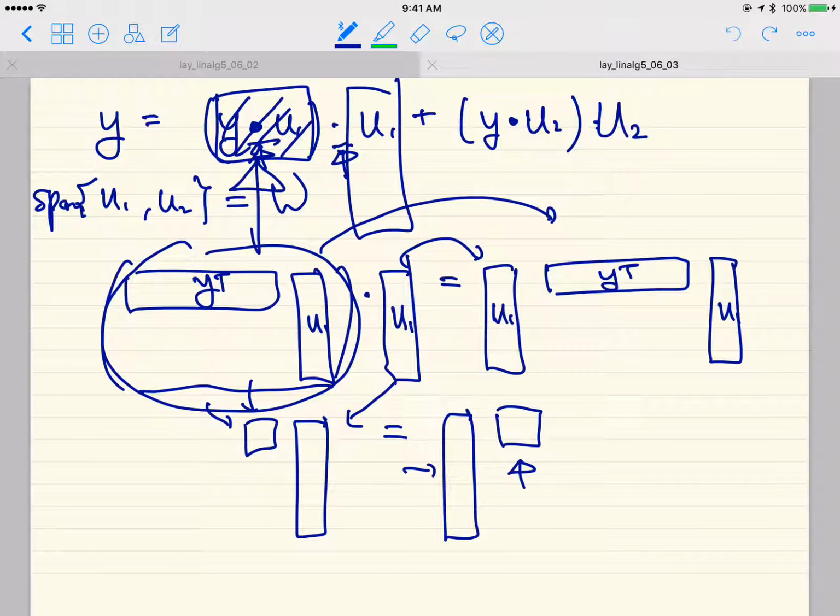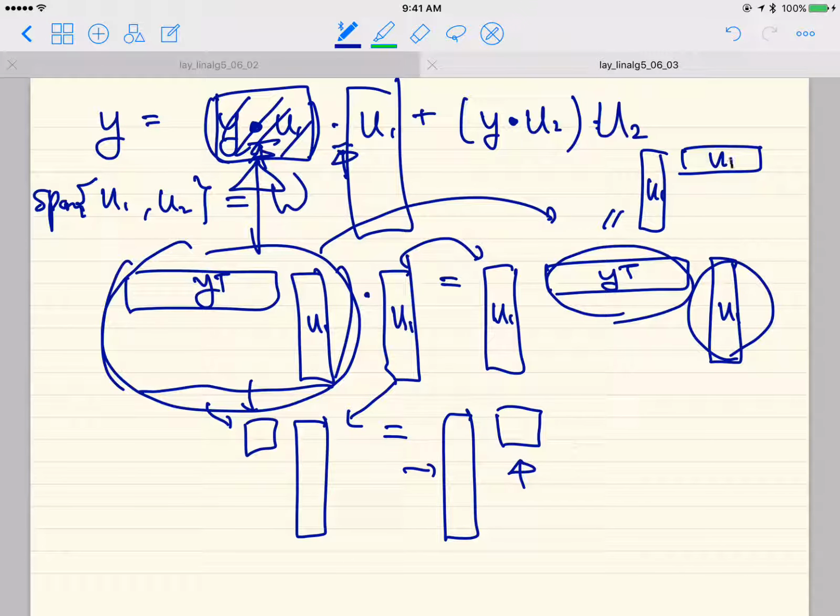Let me do another trick here. We simply change the two vectors involved in this inner product, and this one becomes u1 transpose and y, right?